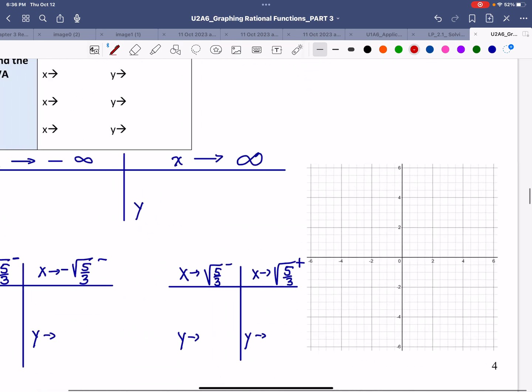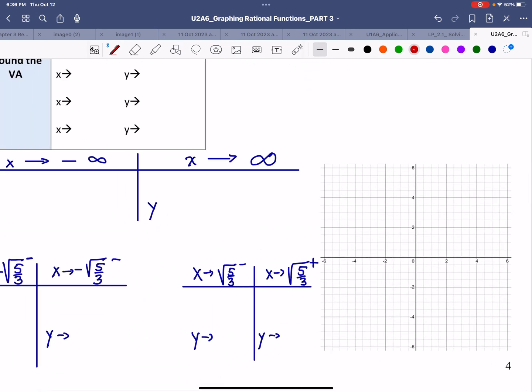But again, when I label them, I make sure I use the exact value of the equation of the vertical asymptote. So 1.29 will be somewhere in here, and negative 1.29, this is the vertical asymptote at x equals negative root of 5 over 3.